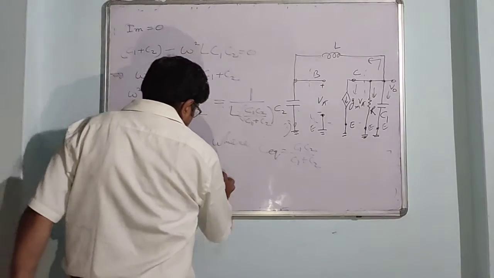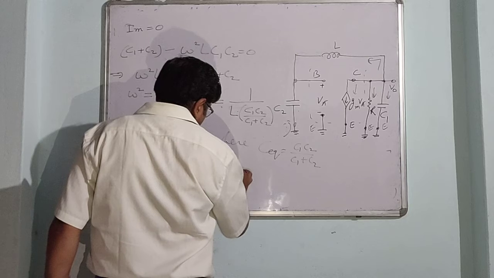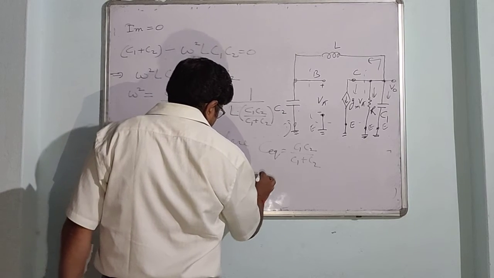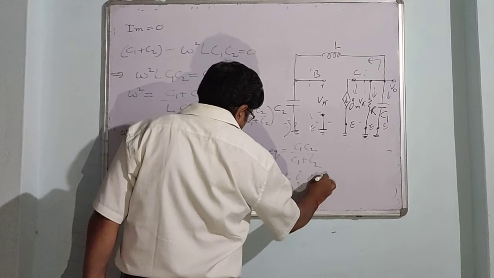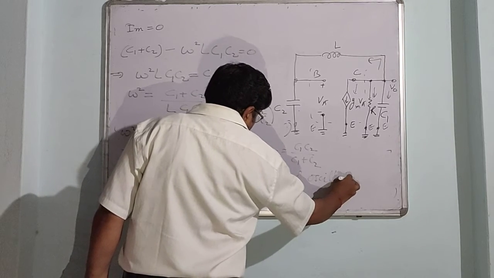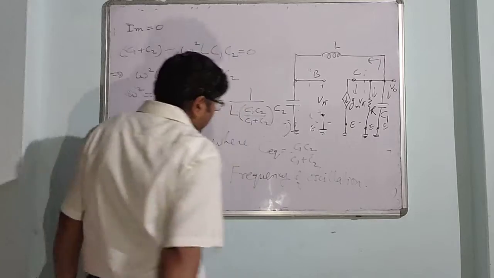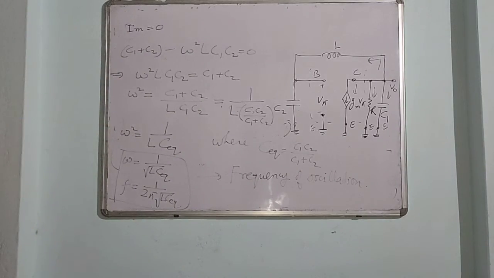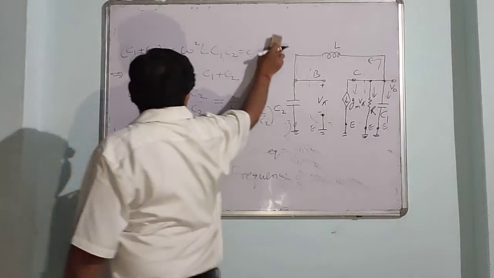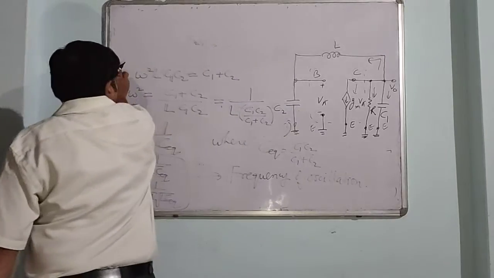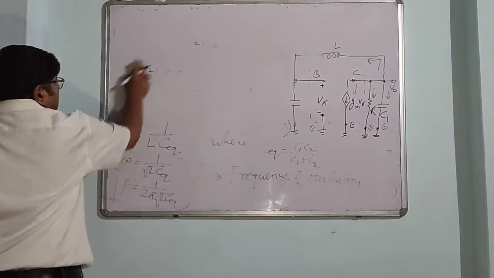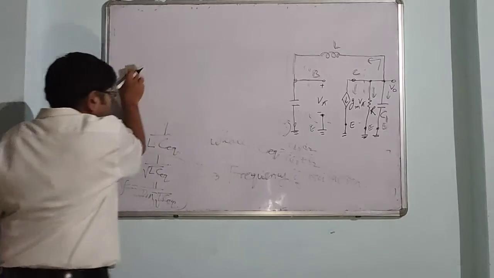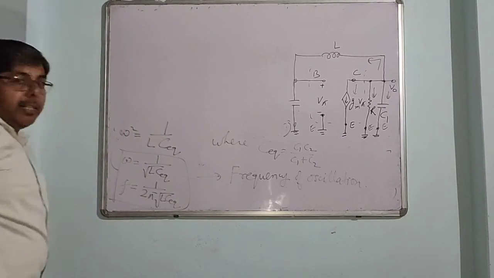And the second part is the condition. What is the condition of oscillation? When we put the real part equal to 0, we will get the condition.